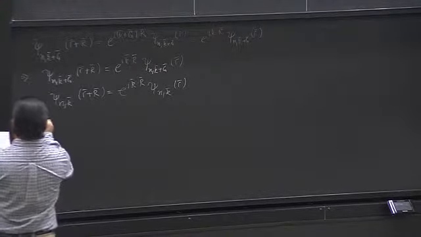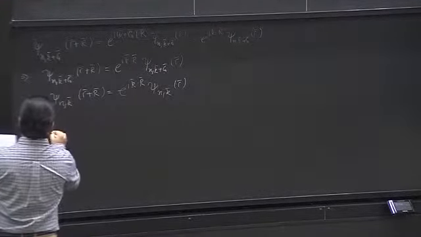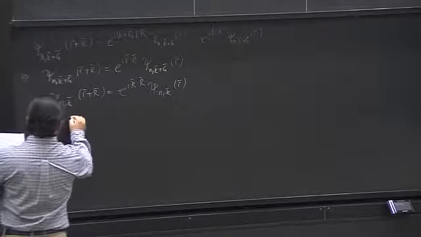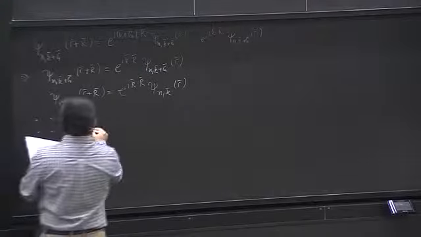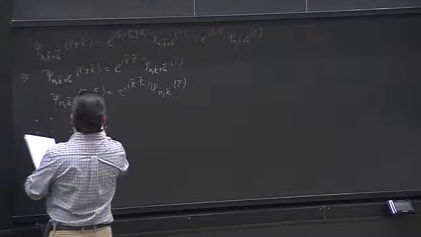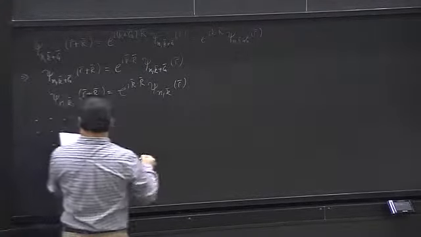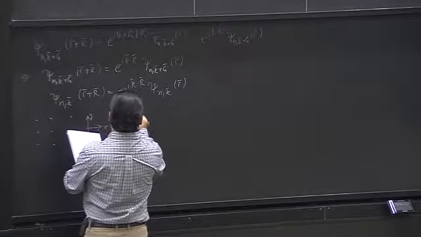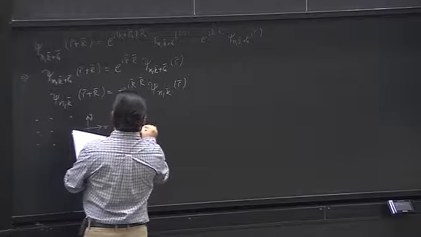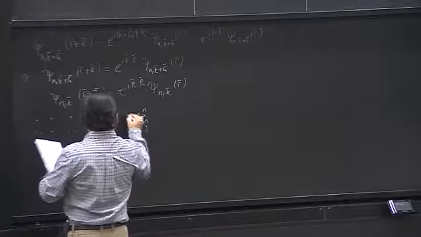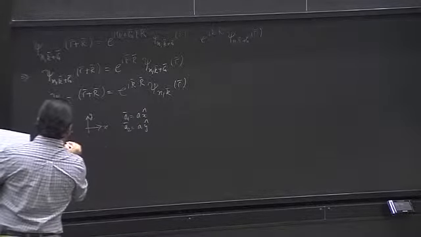Let's take, again, 2D. Let's take a 2D square lattice. So the primitive lattice vectors are a x hat and a y hat. This distance is a.